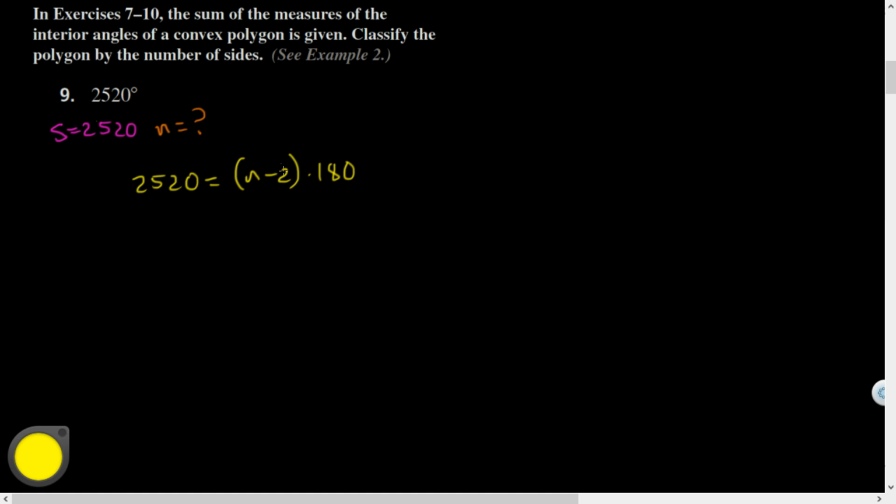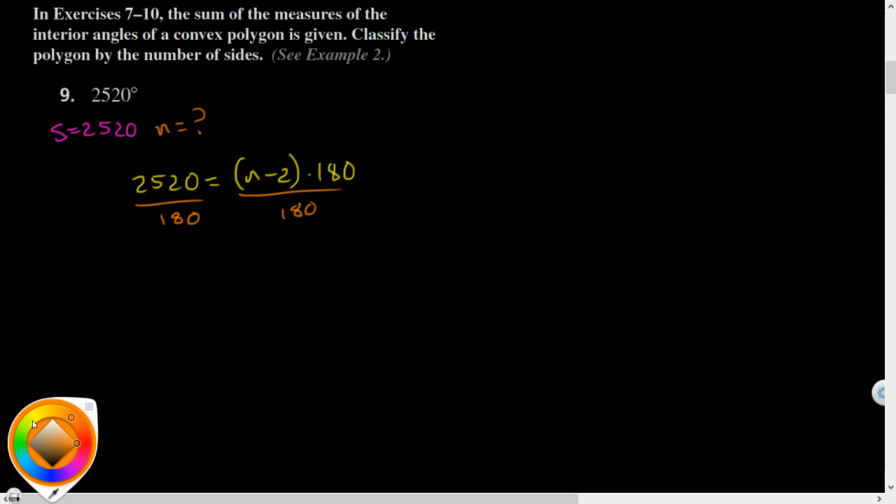Now, in this case, I could distribute and then solve, but I realize it's actually beneficial to divide both sides by 180 right now, as it is. So I will do that. So divide both sides by 180. So I'll have 2520 divided by 180, and I get 14.